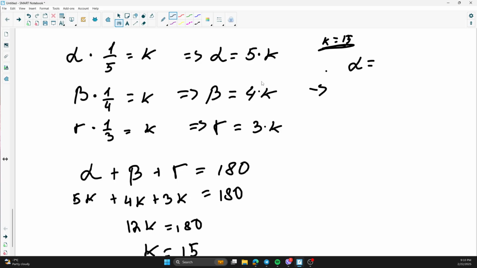It would be 15 times 5, which is 75. Okay. Beta would be 15 times 4, so that's 20, 40, 60. And gamma? 45. Okay. Now it's easier, right? Yeah.